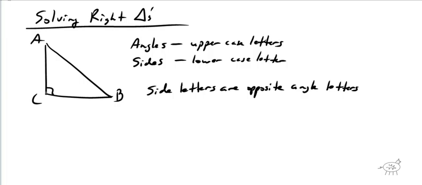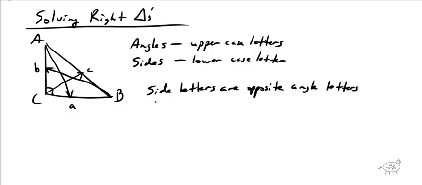So angle C goes with little c, angle B, opposite, is little b, and angle A is little a. Just remember that, opposite, the letters are always corresponding. Opposite angle C is little c, opposite angle A is little a, opposite angle B is little b. Pretty easy.